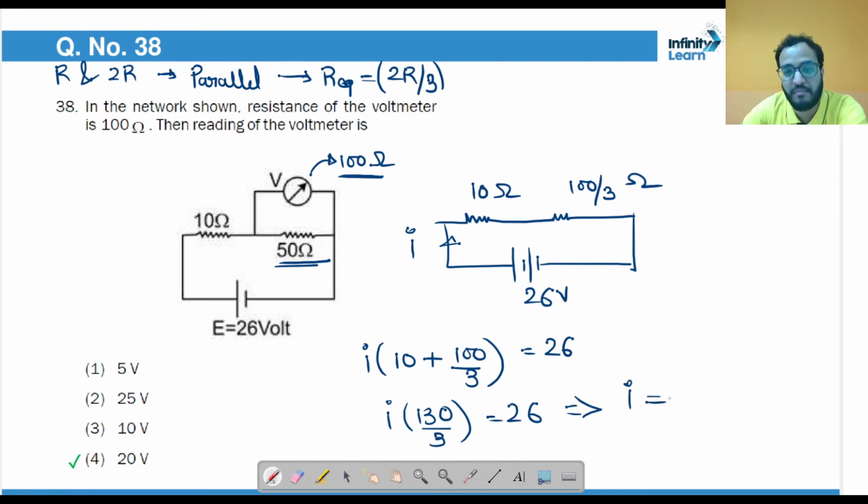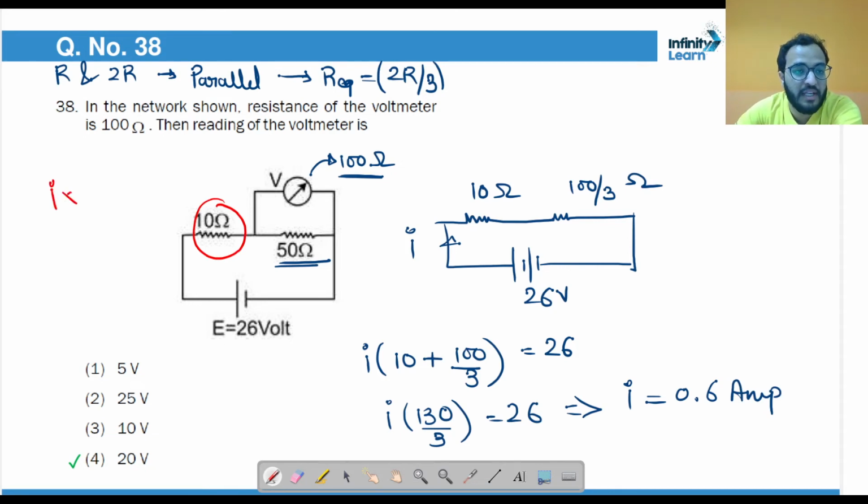So I will be how much? 0.6 ampere. Okay, I will be 0.6 ampere.